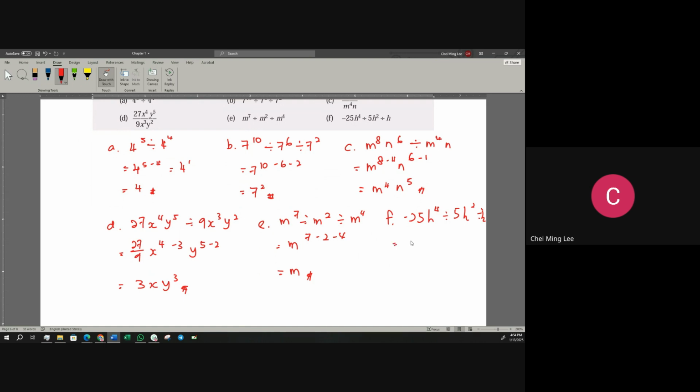So it becomes, because it's negative, 25 divided by 5, then divide by 1, correct? So this one is h to the power of 4 minus 2 minus 1. So 25 divided by 5 becomes 5. So it's negative 5h to the power of 1 only. Alright, did you do it correctly?